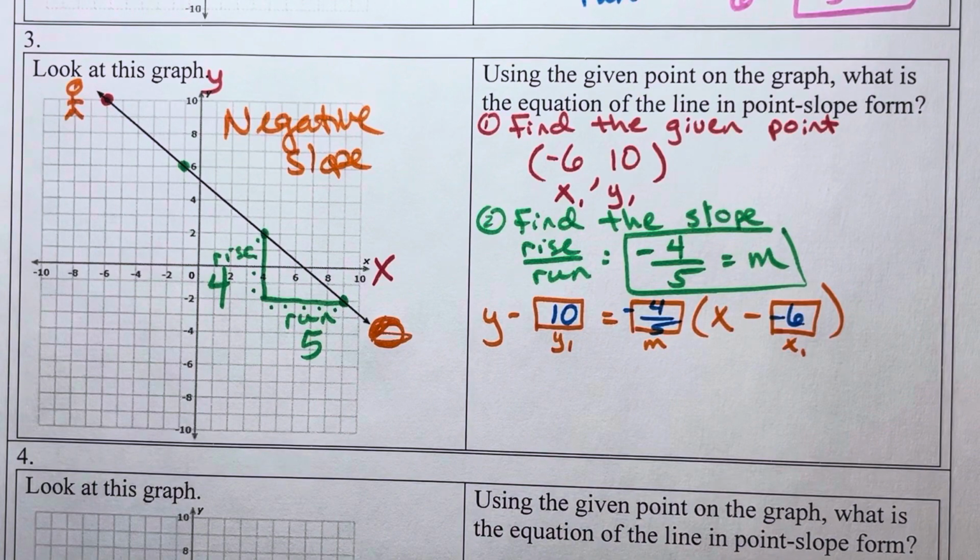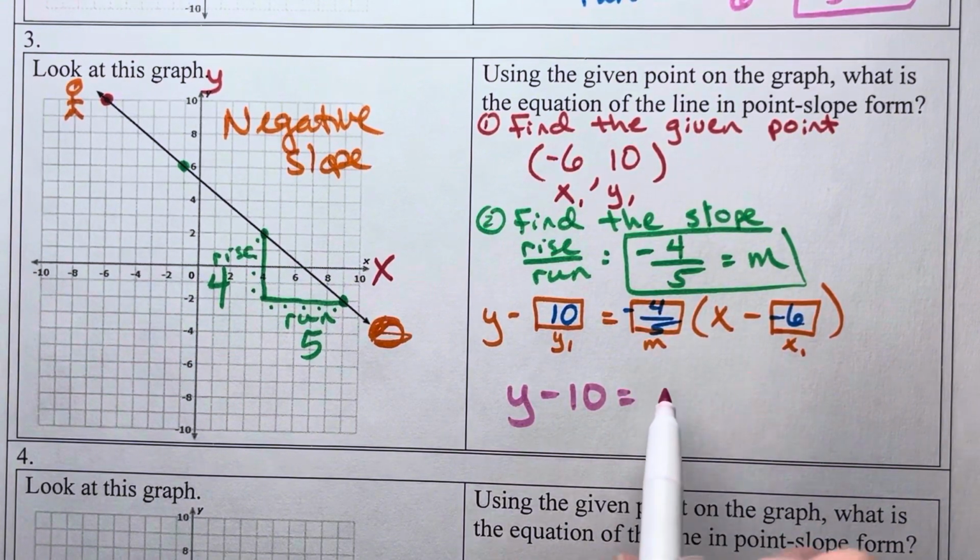All right, here's our moment of truth. Since we were not given a framework, we had to build it ourselves. We definitely have to check to see about any double negatives that we need to clean up. Let's go through this. Y minus 10, no double negative there, equals -4/5.